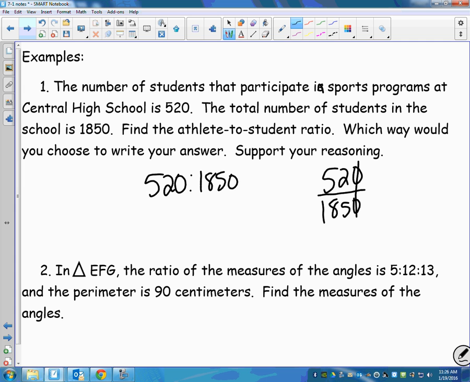Which means 52 to 185, or 52 over 185, or 52 colon 185 would all be acceptable answers. Does anybody prefer one way over the other? Kinsey? Because? You're used to fractions?